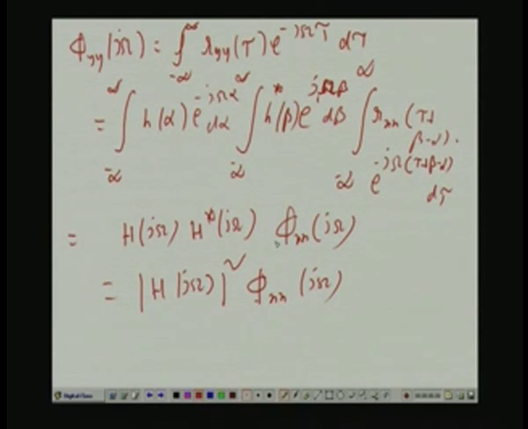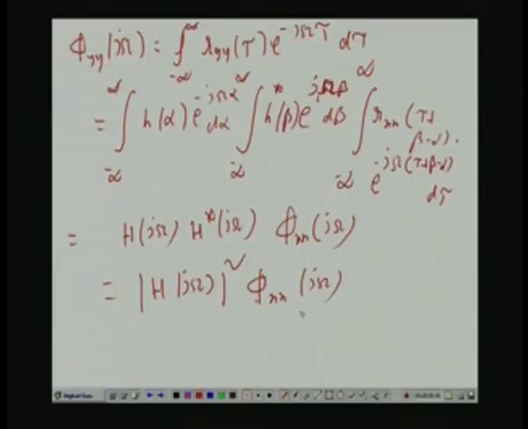So, I design a system whose mod value of this function is much higher at those ranges of ω, and I want the output power spectral density to have much less value in certain other ranges of ω. So, I design the system such that at those ranges of ω, the value of this transfer function H(jω) is much less.